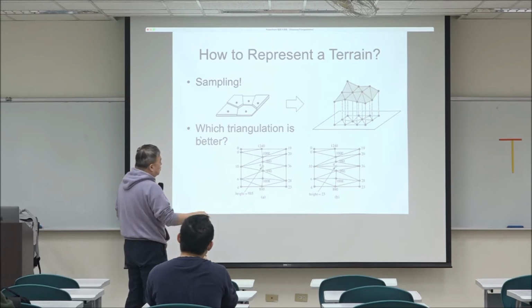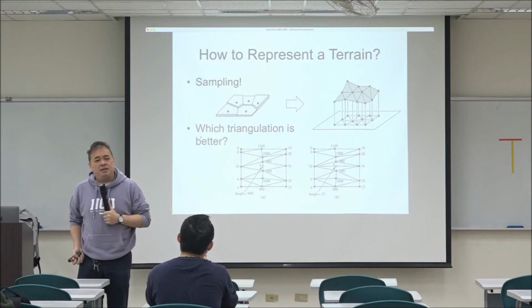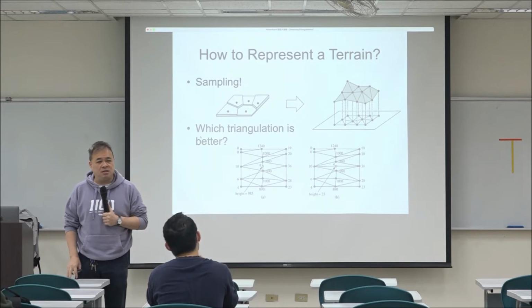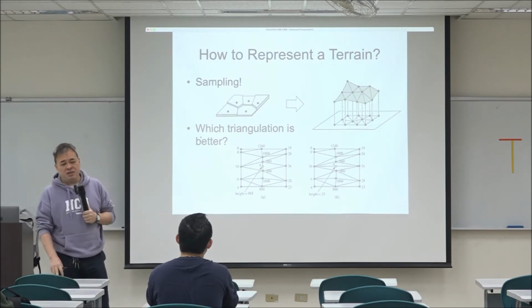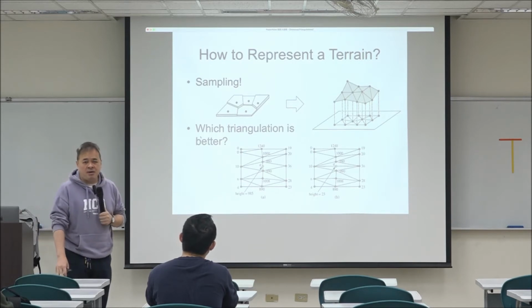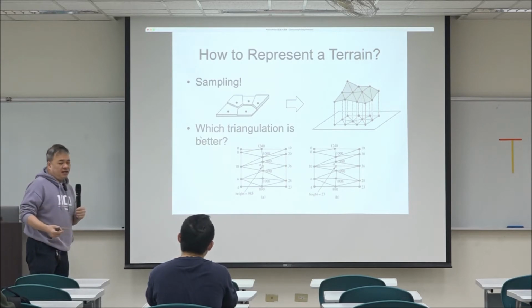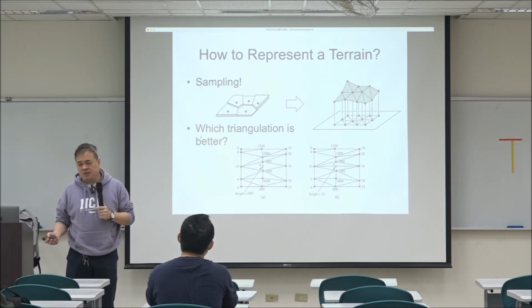But there's one issue here. For a given set of points, remember we talked about triangulation earlier, right? Remember the art gallery problem, remember the Y-monotone pieces. So this is not a new problem. However, there are multiple ways to triangulate a set of points, right?